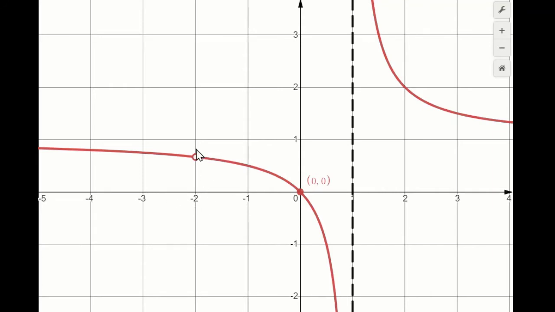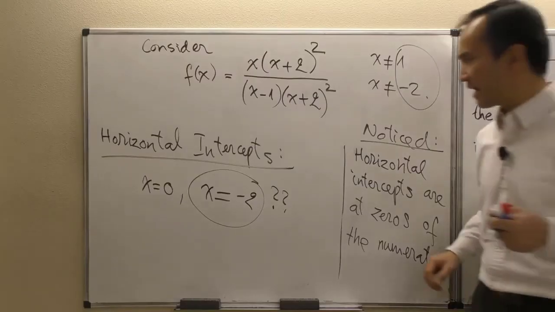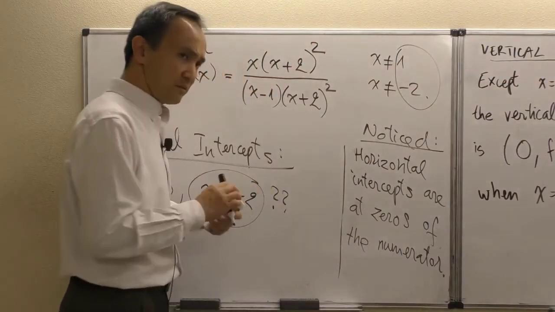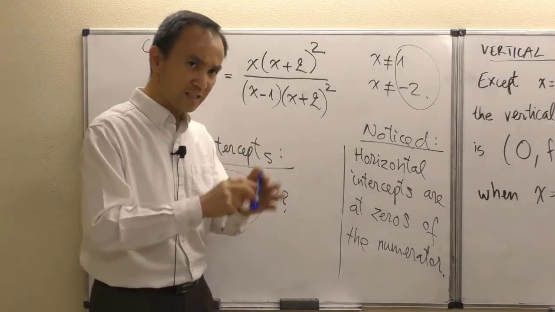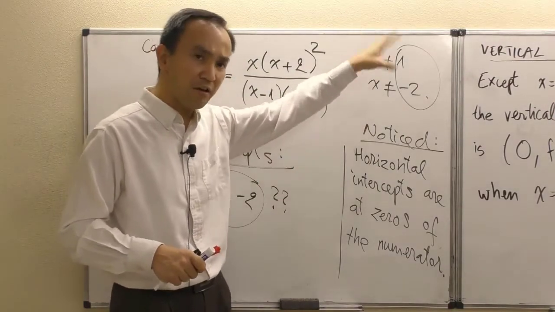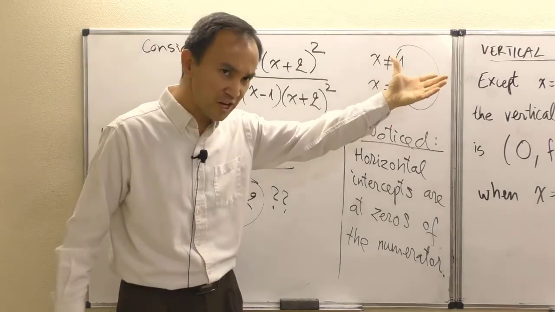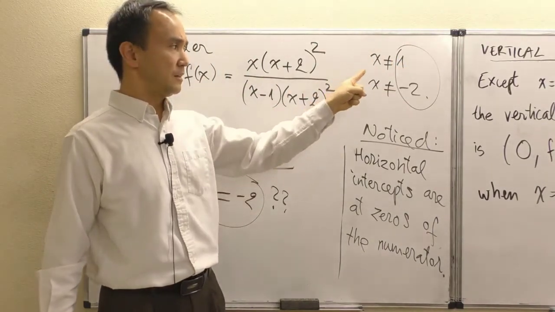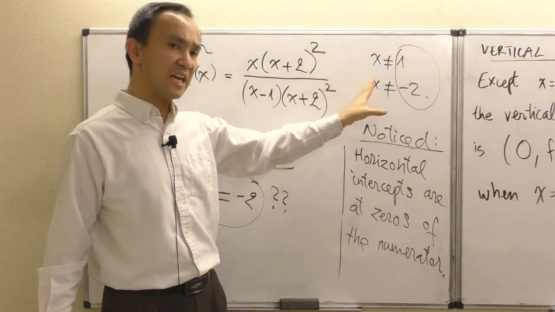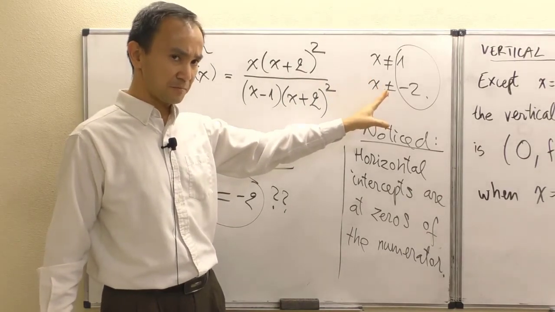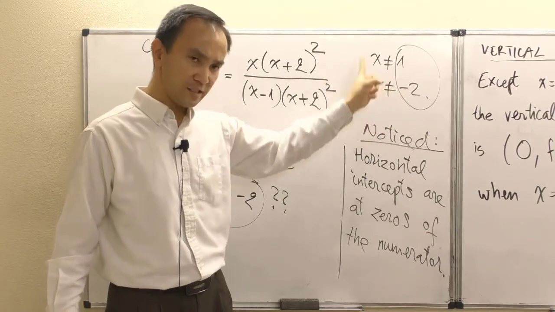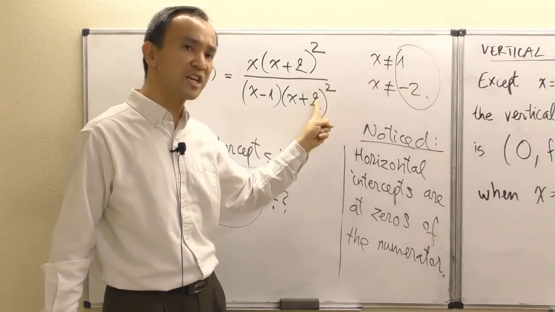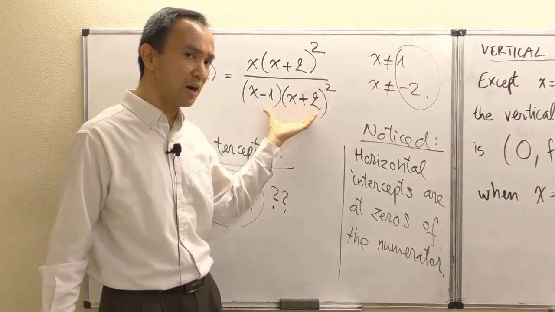From our previous discussion about vertical asymptotes and holes, x equals negative 2 is also a 0 in the denominator.